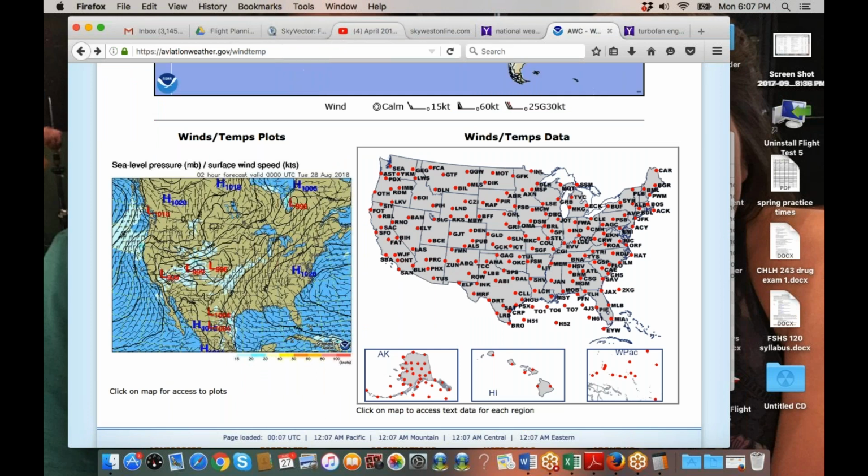So your deviation, that's the difference from actual temperature to your ISA, right? Yeah, from ISA to the actual temperature. Okay. Thank you. Yep.